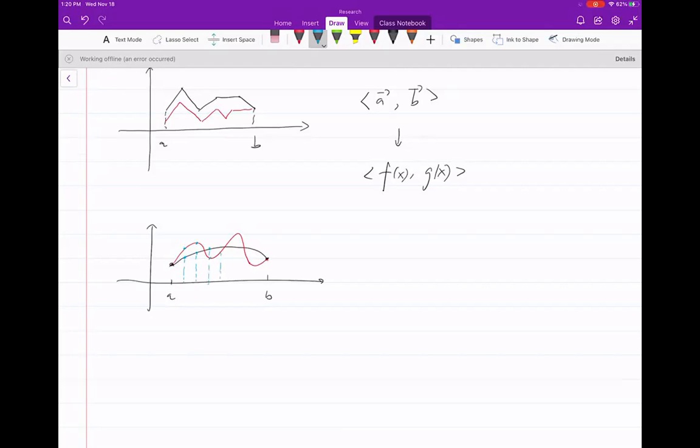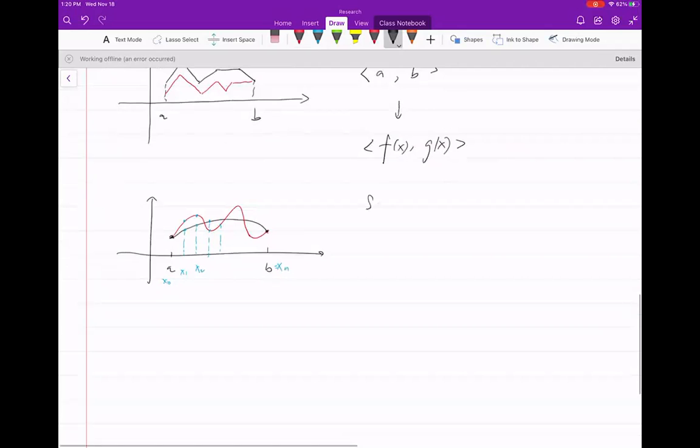We call them x0, x1, x2, all the way to xn, which is b. So you sample both functions. Let's sample n plus 1 points, which gives n intervals.